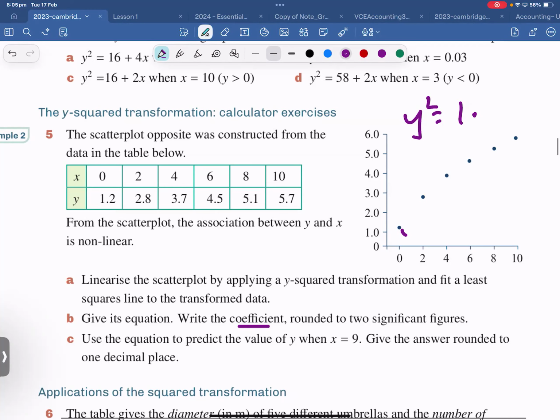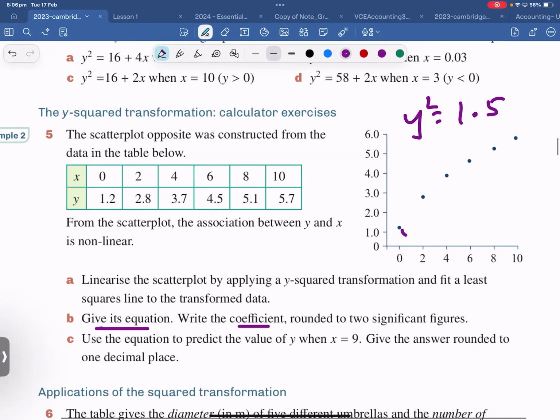Okay, that's fine. Y squared, wasn't it 1.5 rather than 1.44? Because it's only asking to write the coefficient. So the only coefficient in there is the coefficient of x. No, we have to give the equation. Give its equation.